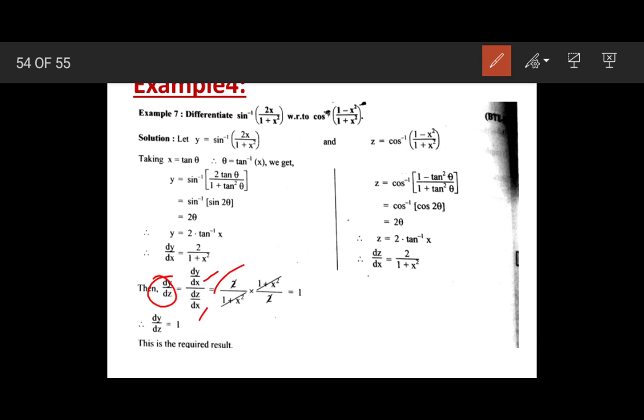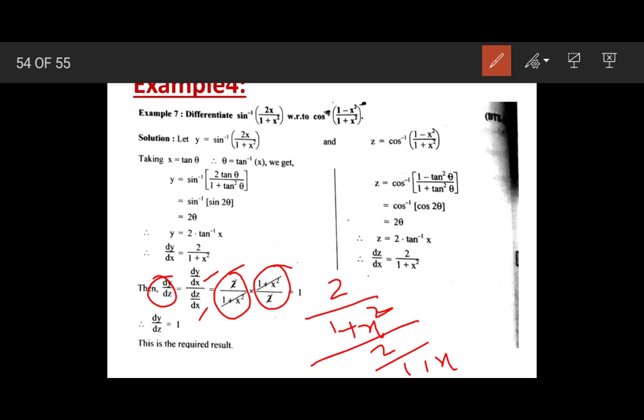That means 2 upon 1 plus x square into 1 plus x square upon 2. So 2 cancels, 1 plus x square cancels, and we get dy upon dz as 1. This is the required derivative.